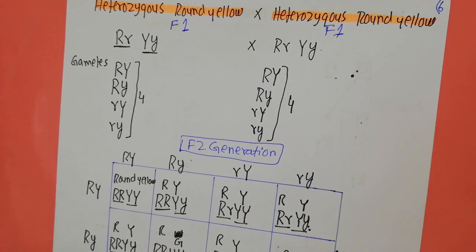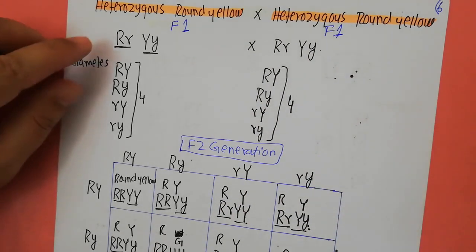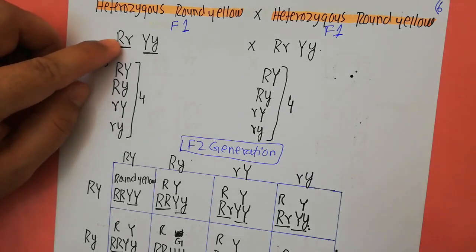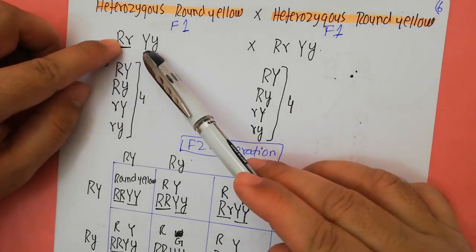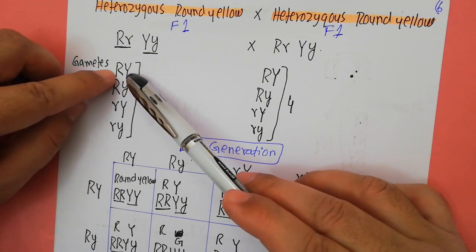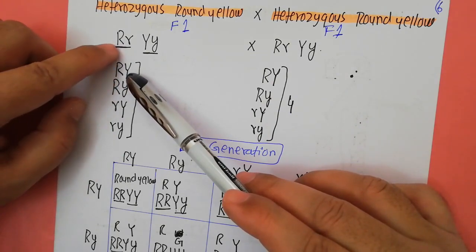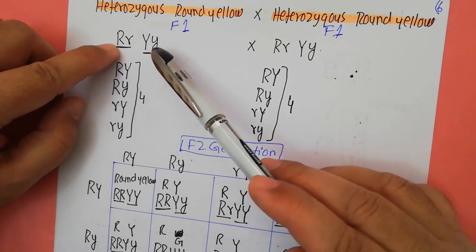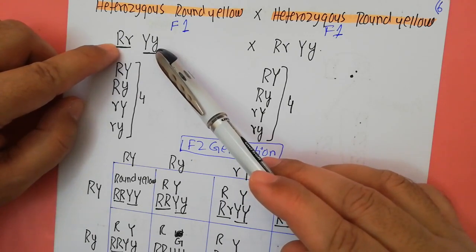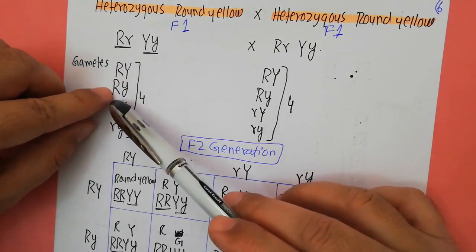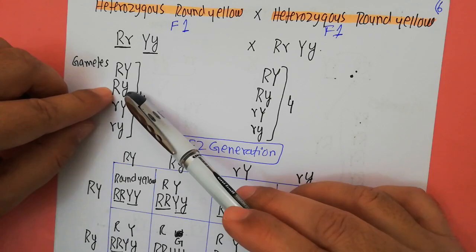If you talk about the gamete formation over here, this capital R can combine with this capital Y, giving you a gamete of capital R and capital Y. But at the same time, this capital R has equal probability to combine with the small y, giving you another kind of gamete, the capital R and the small y.